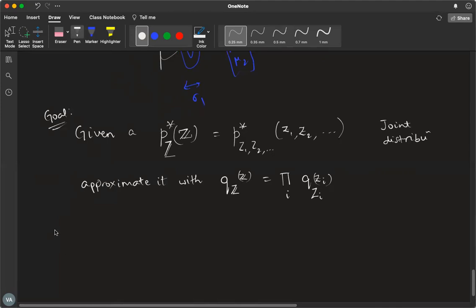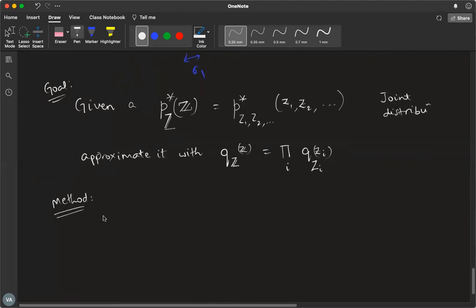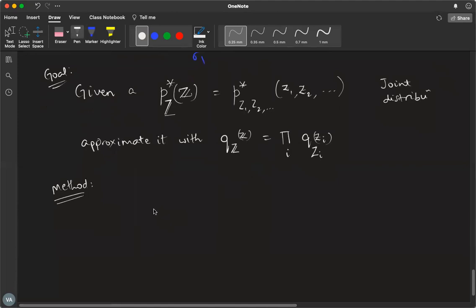And what is the method? The overall overview is that you know we have to find the Q by minimizing the KL divergence between Q, or basically Q of capital Z, and P of capital Z. You have to minimize over Q. You want to minimize this KL divergence and find a suitable Q of Z. So this is the principle.